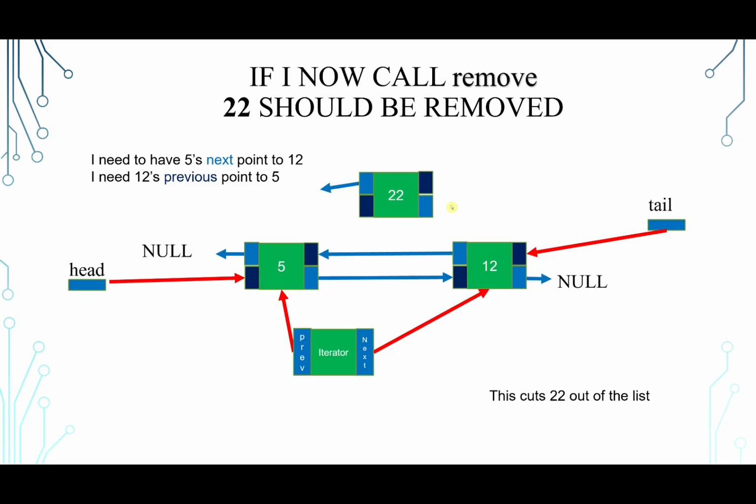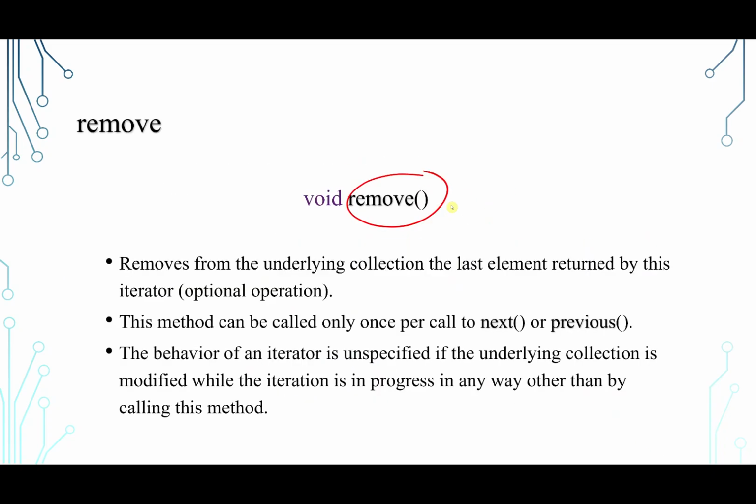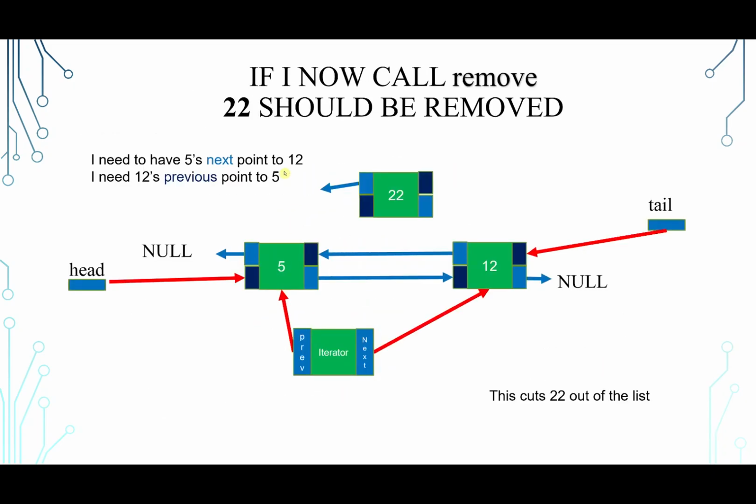You can return the element if remove is not a void function, and this function is void, so you don't have to return anything. But you can modify or overload the remove function and make it return the data inside if you want.